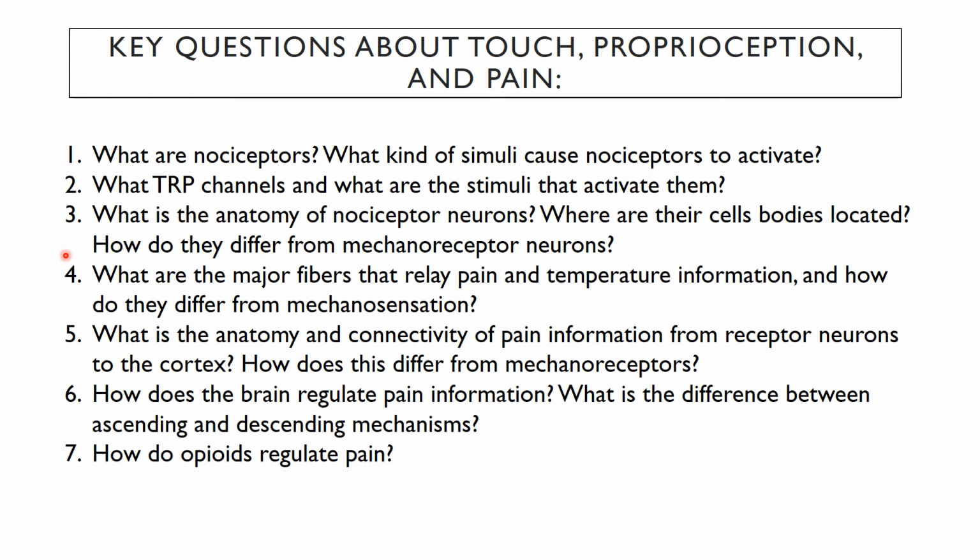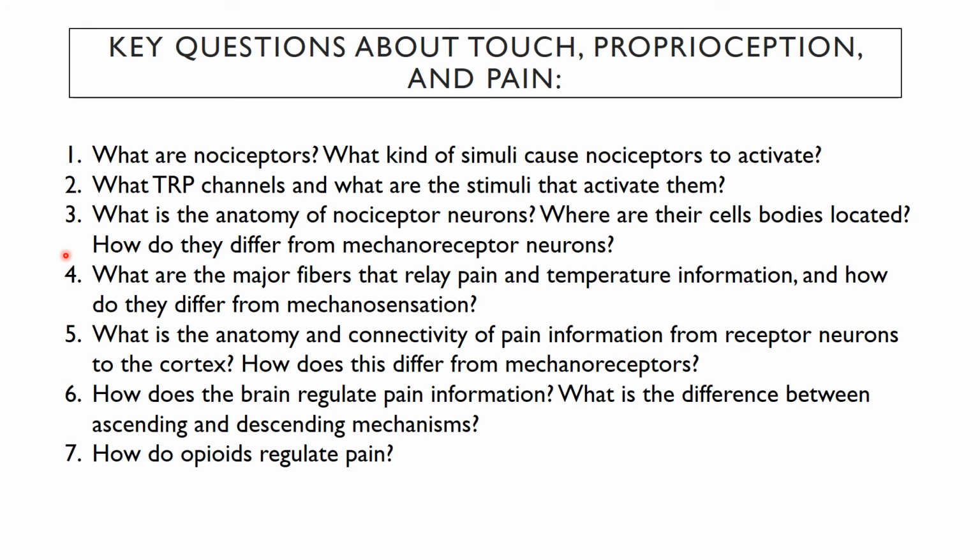You need to know about the major fibers that relay pain and temperature information and how they differ from mechanosensation, how they go up the spinal cord, and knowing the anatomy and connectivity of pain information from receptor neurons all the way up to the cortex, and how that's different from mechanoreceptors. Which part, where does decussation occur, that kind of thing.